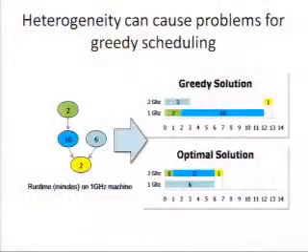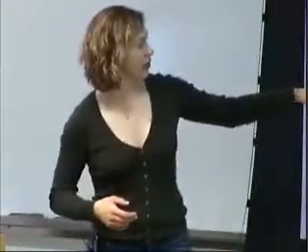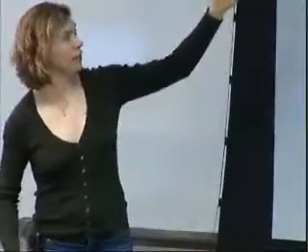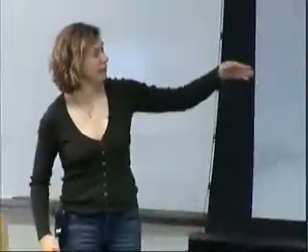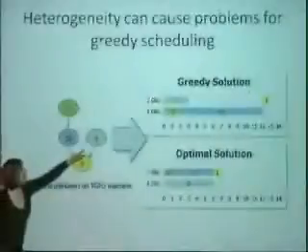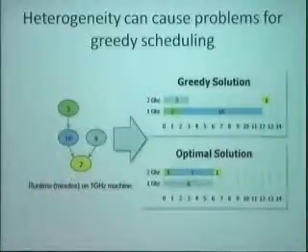Okay, so I said earlier that the heterogeneity can cause problems for scheduling on ad hoc clusters, on small clusters, and here's a really contrived picture showing you exactly why. The normalized runtime on a 1 gigahertz machine, let's say that the green node will take 2 minutes and this light blue node will take 6.